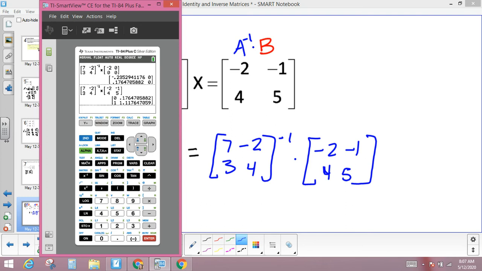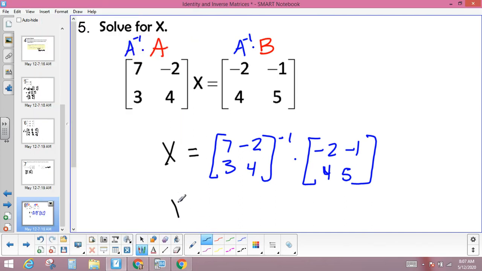And again, we can do math enter to turn those decimals into fractions. And we see that X is equal to the matrix 0, 3/17, 1, 19/17. So if I take this matrix and I multiply by this matrix, I should get this matrix.